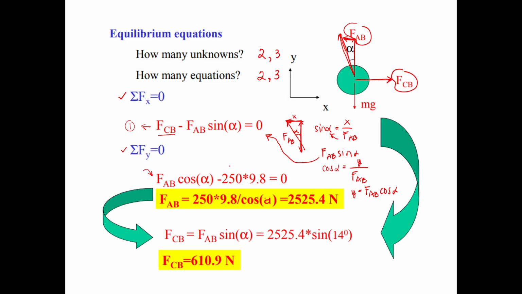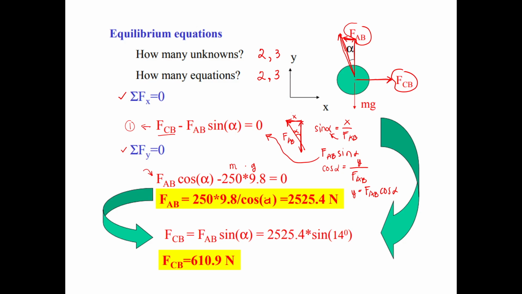The 250 kilograms is still mass, and you make it a force by multiplying by gravity, which is 9.8 meters per second squared. Kilograms times gravity gives us a Newton force. Of course, the vertical force is also equal to 0.